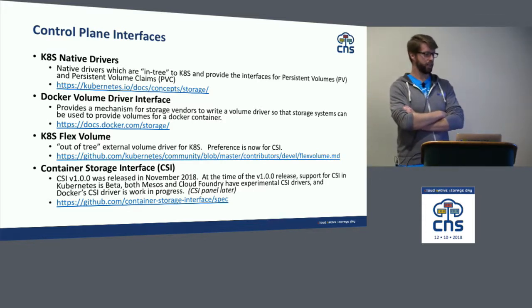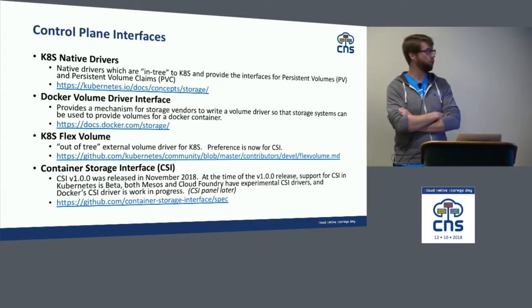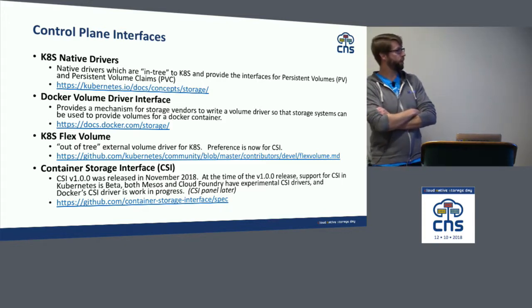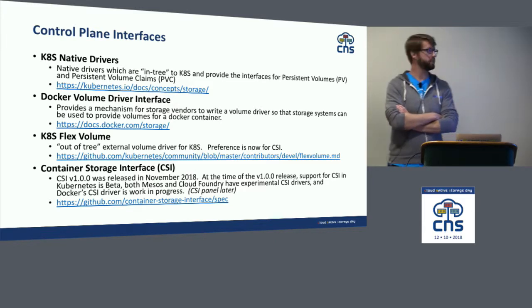The only real downside I see to that, though, is that they live in the source tree of Kubernetes. So in order to ship new changes, bug fixes, new versions, it's tied to the Kubernetes releases and the Kubernetes process. So it can be a bit constrictive there.